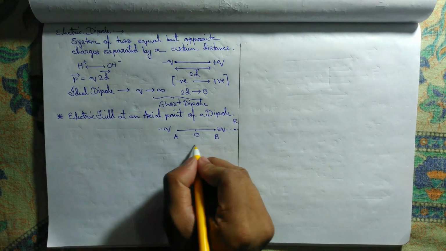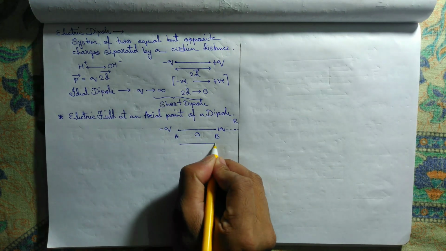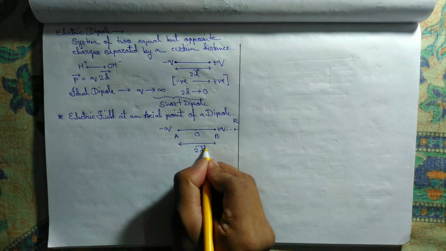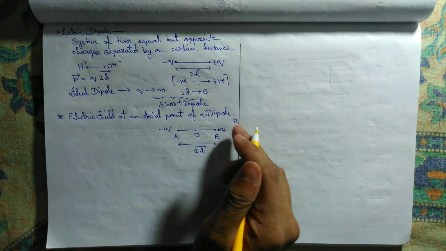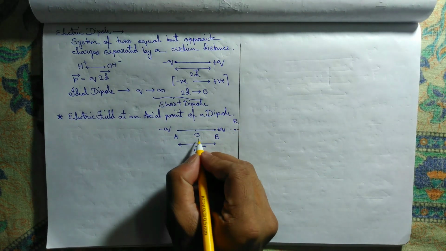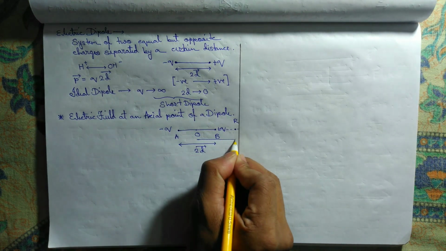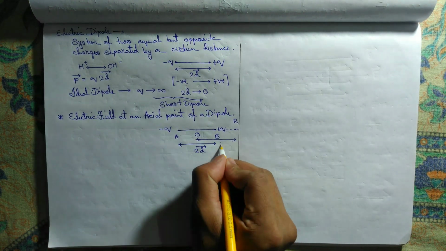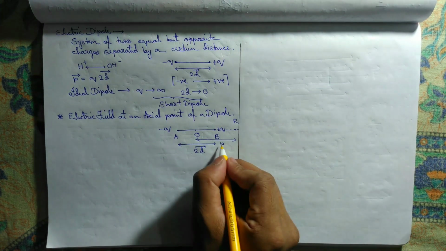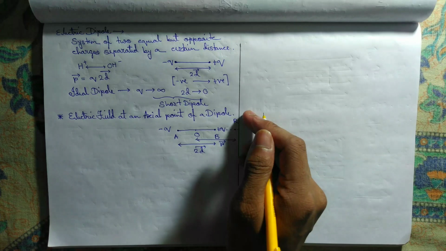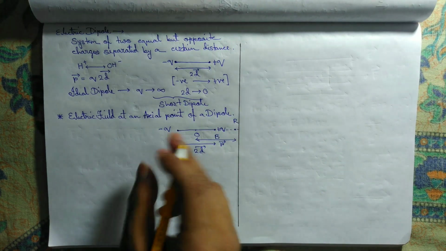The parameters of the dipole are q and 2d, and the distance of R from the dipole will be considered from the center. Let's take it as r. Now we have to find the electric field at the point R due to that dipole.